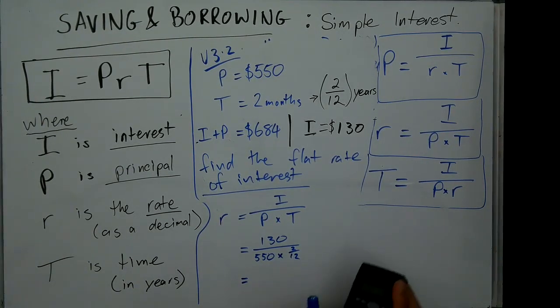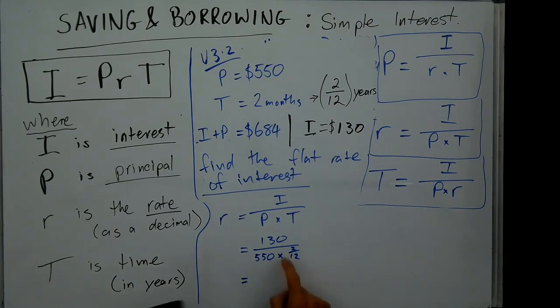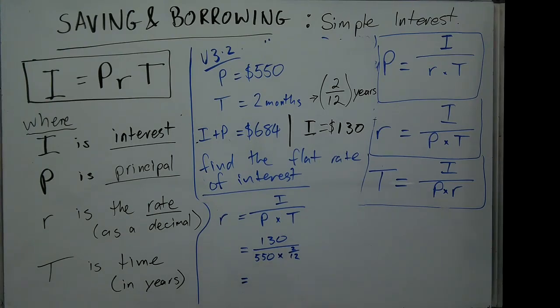130 divided by, I'm going to put this bit in brackets, 550 times 2 divided by 12. We've got 1.41818181, and so that 81 keeps going.